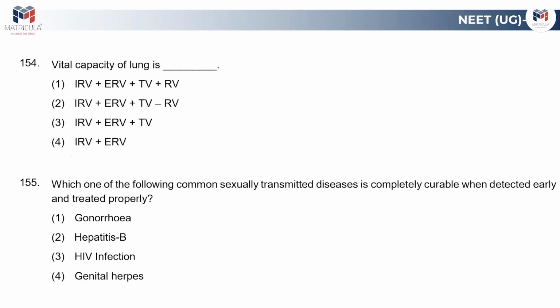Question number 154. Vital capacity of lung is. The answer is option number 3, IRV plus ERV plus TV. Question number 155. Which of the following common sexually transmitted diseases is completely curable when detected early and treated properly? The answer is option number 1, gonorrhea.